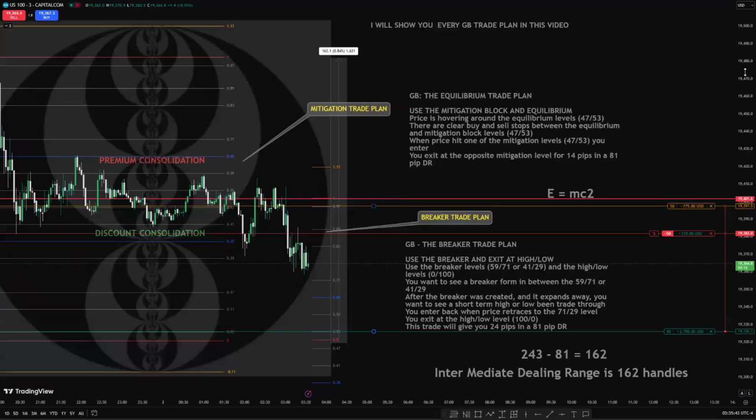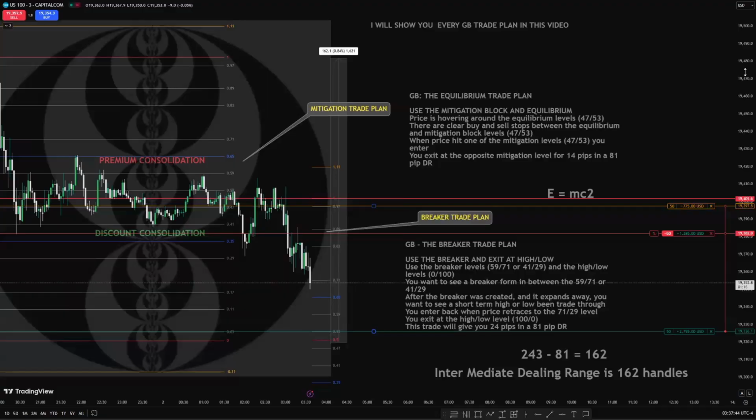Now here's your entry. When price retraces back to the 71 or 29 level, that's your moment to strike. You enter with precision, knowing that the market has already made its intention clear. Your exit is simple.